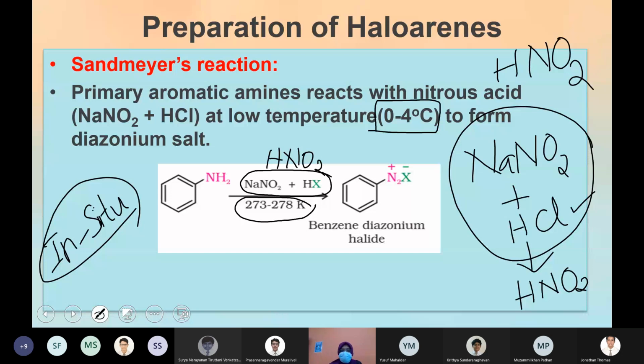These two things are highly important. I'm explaining in detail because if you don't write the reagent and the temperature correctly, this reaction won't work. If I mix everything but don't reduce the temperature to 0 to 4 degrees Celsius, it will not happen. So the reagent conditions and the temperature are both important.